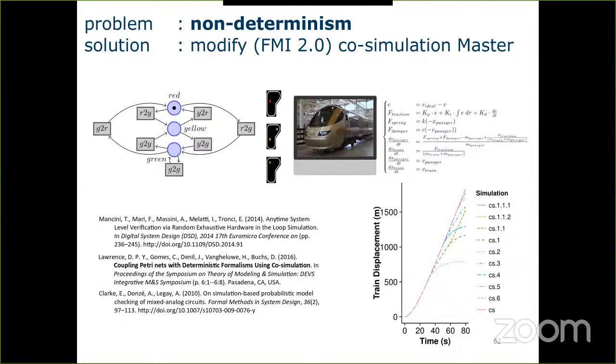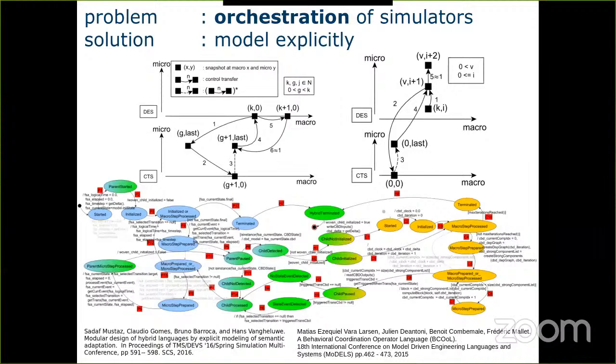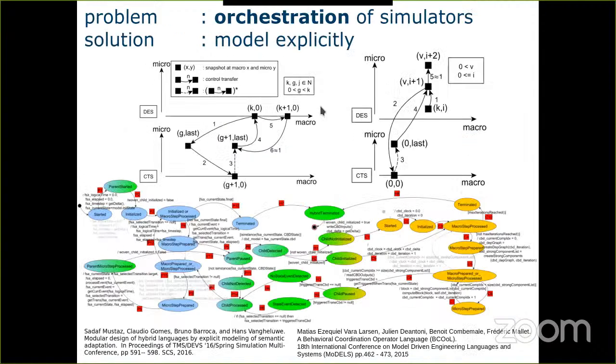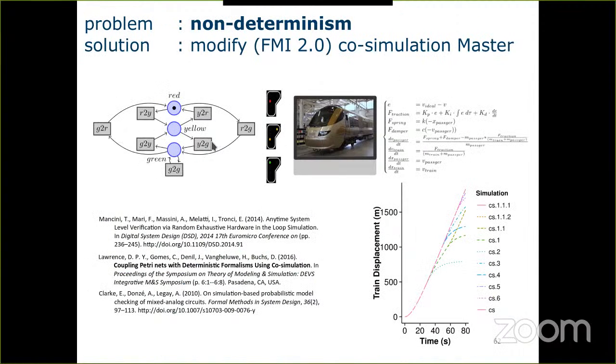That is to say, whether no two trains can be on the same segment at the same time, because that would denote a collision. And actually what you see here is that, like I mentioned, we have to coordinate the simulator of the automata and the simulator of the differential equations. Here we are coordinating a simulator or an analyzer of Petri nets with one of differential equations.